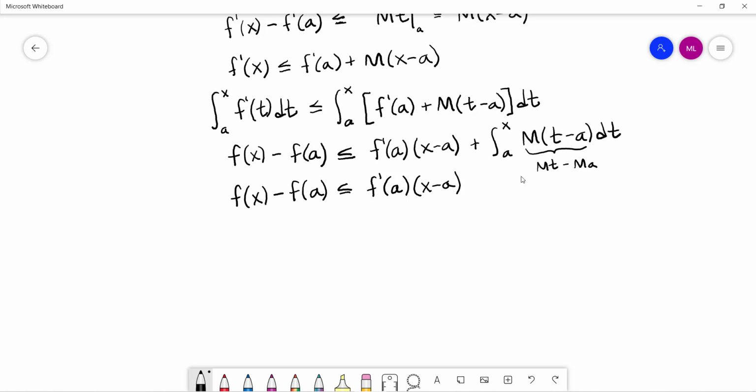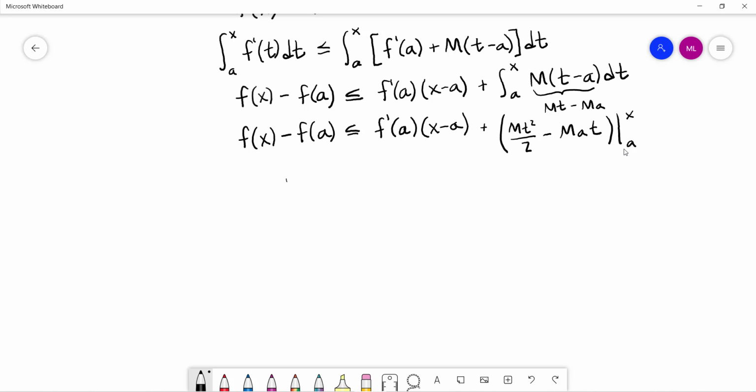But I'm going to integrate this first piece here. When I integrate mt, the integral of t is going to be 1/2 t squared. So I'm going to get mt squared over 2 minus ma times t, and this is being evaluated between a and x.